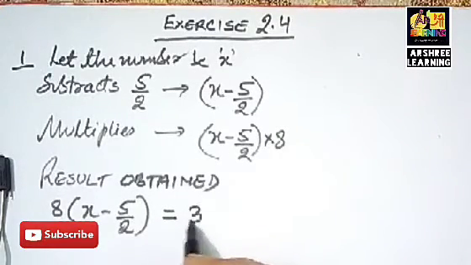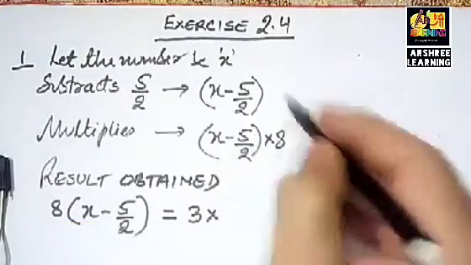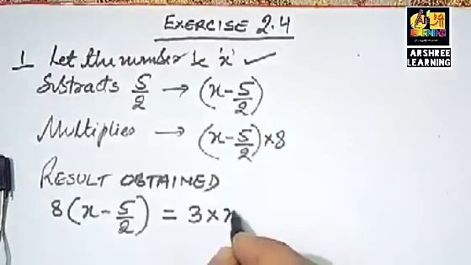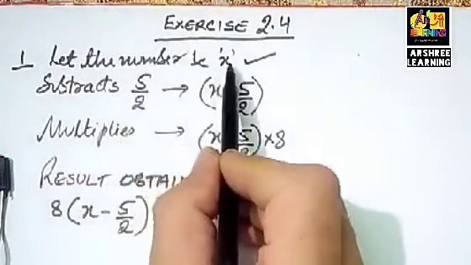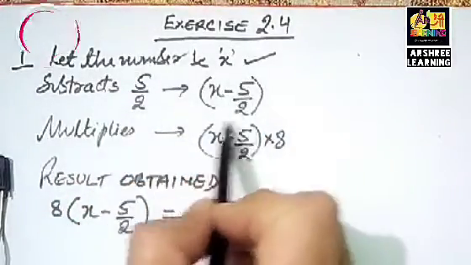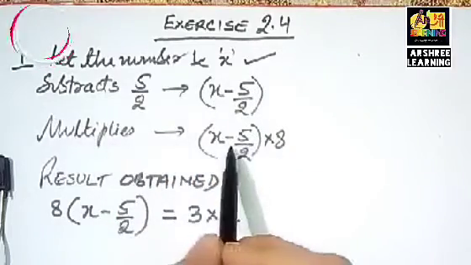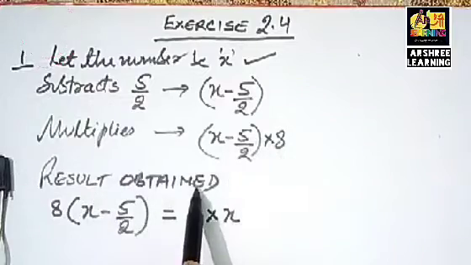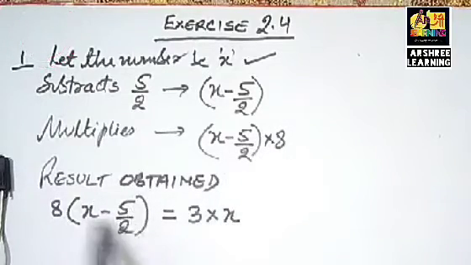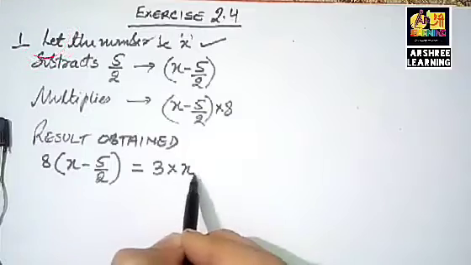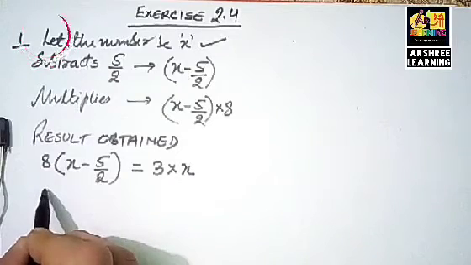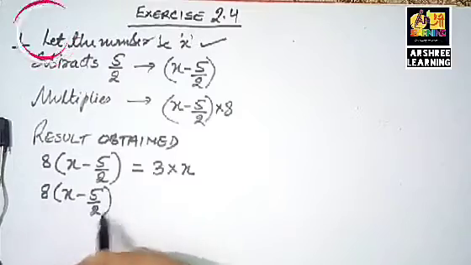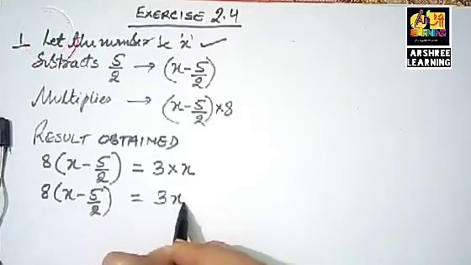She has thought of x, therefore it will become 3x. So the equation becomes 8 into x minus 5 upon 2 is equal to 3x.